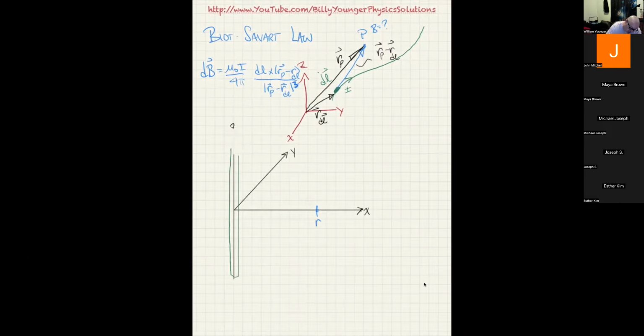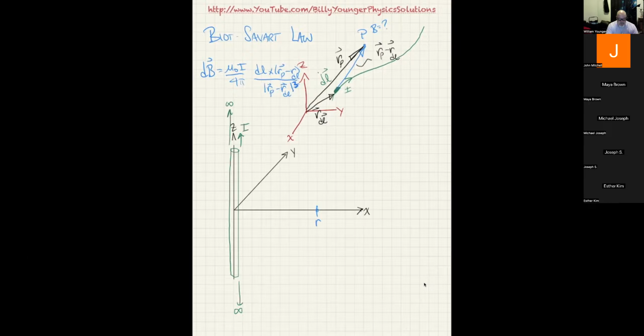And in fact, it's carrying a current I upward. Okay. And like I said, it goes on forever that way and forever that way.